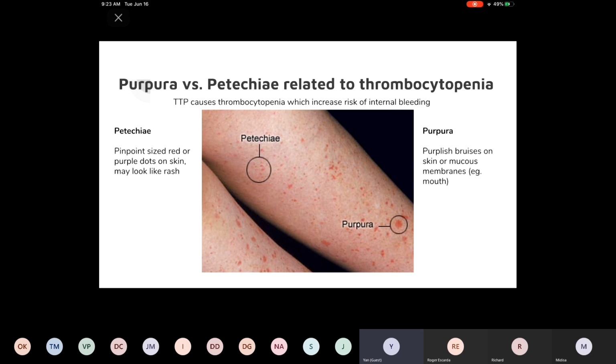However, it's pretty common to see symptoms of petechiae, as represented by the small dots on the picture, and the slightly bigger bruises, usually raised, as represented by the purpura on the right side of the picture. The purpura can be seen on the skin, and can be seen in mucous membranes as well.